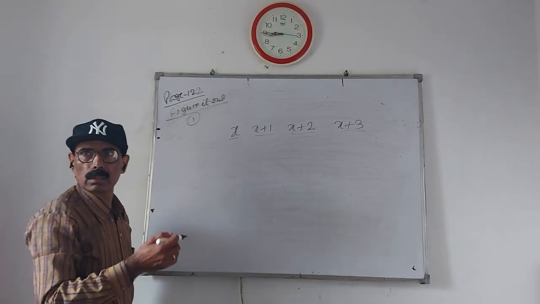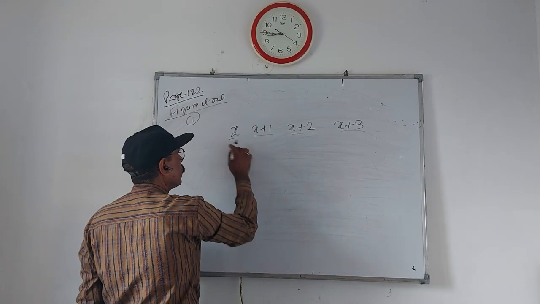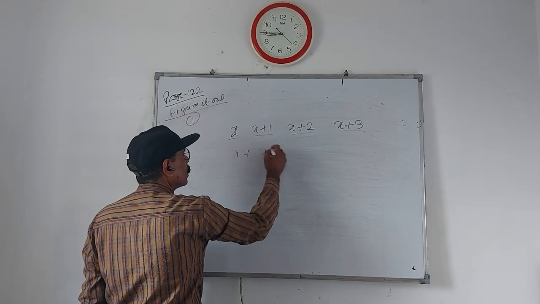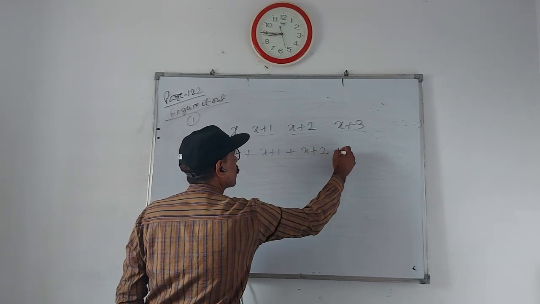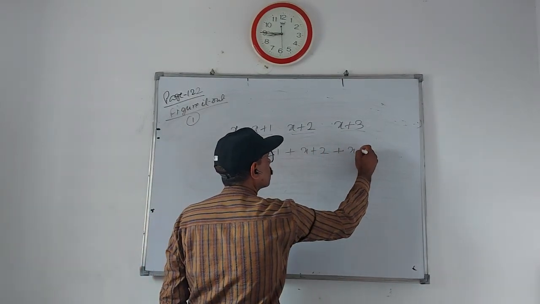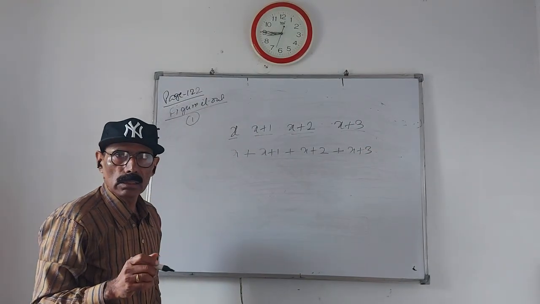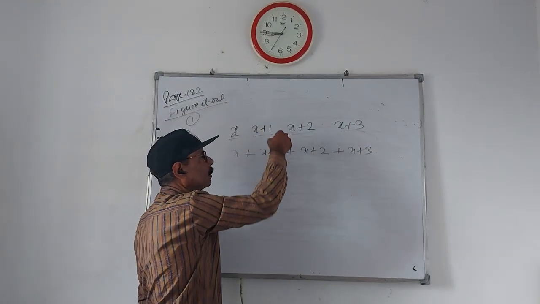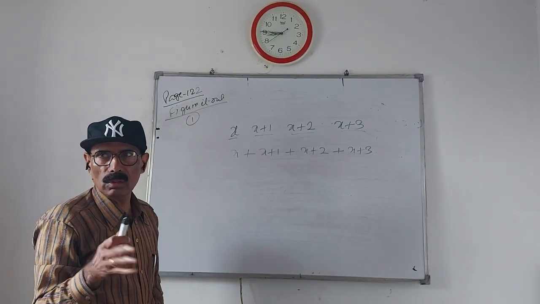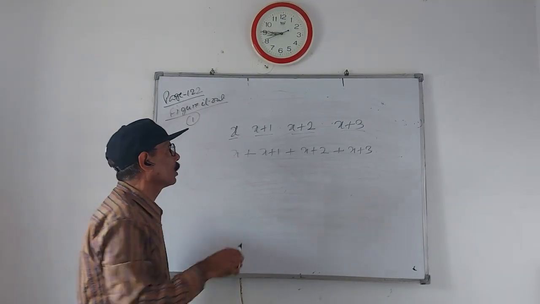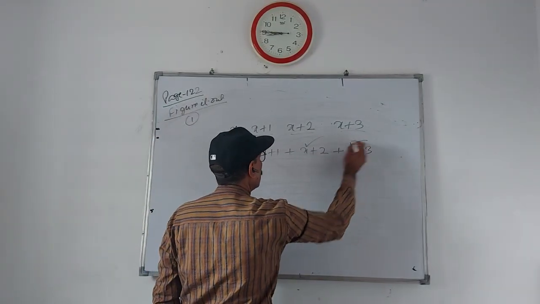Then the sum of the numbers: sum means you add x, plus this, again plus this, again plus x plus 3. Okay. If there is a minus, then you have to use brackets. Here it was plus, that's why I have not used brackets, because plus is not giving any difference. So then we get 4x: x, x, x, x, this is 4x.